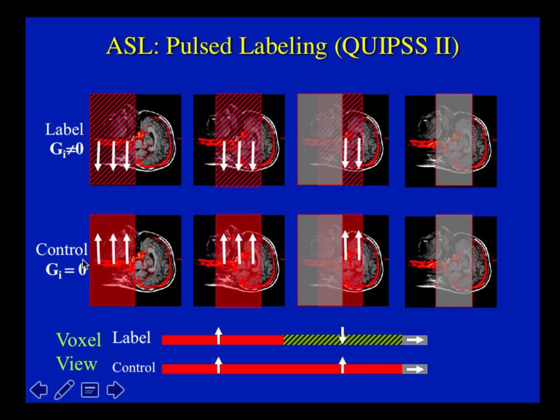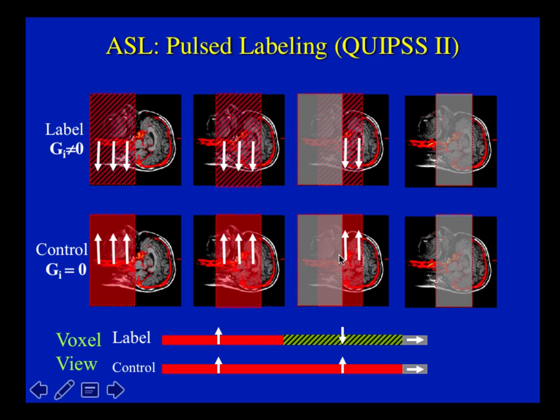The control condition is obtained by doing exactly the same thing, but turning the gradient off during the inversion pulse. So in this case, there will be no inversion of the blood within this white slab, and so the white arrows will be pointing upwards.